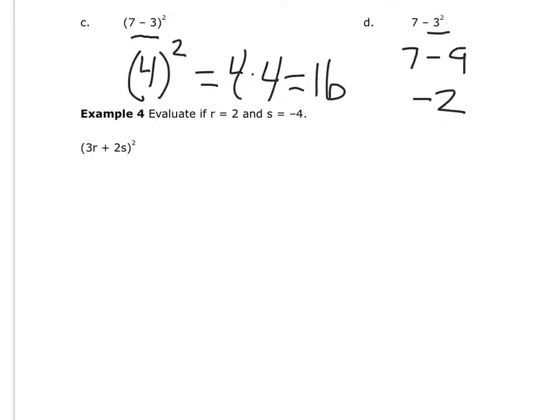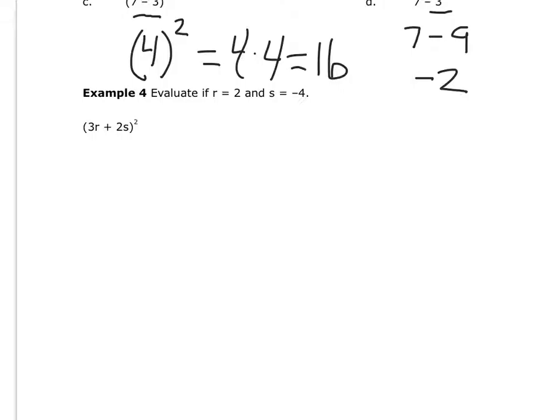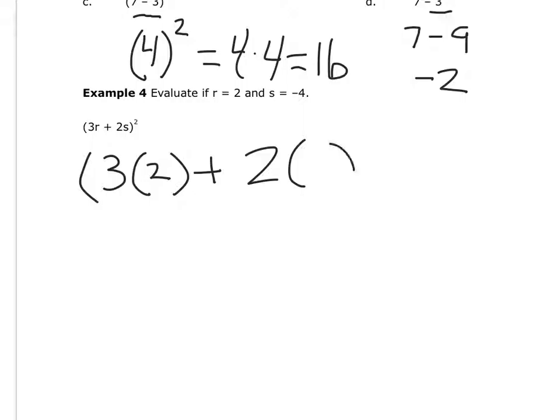The last example here is the substitution. When we evaluate here, make sure when you substitute, you put parentheses around the negative. It will prevent mistakes with the signs when you use exponents. So I'm going to go ahead and substitute. I have 3 times r, so r is a 2, plus 2 times s, which is a negative 4.